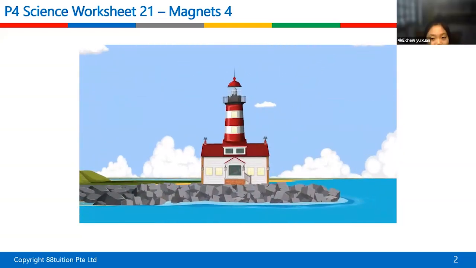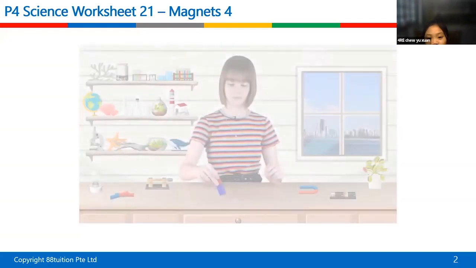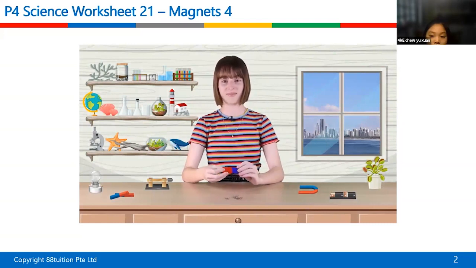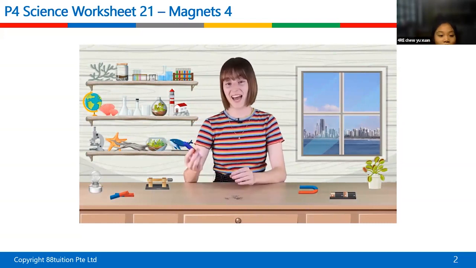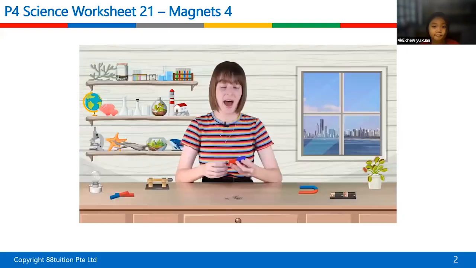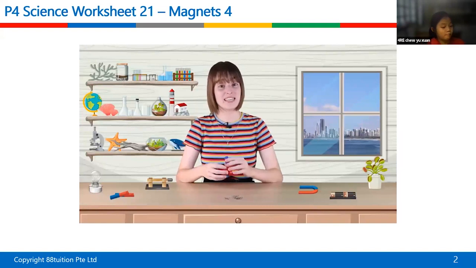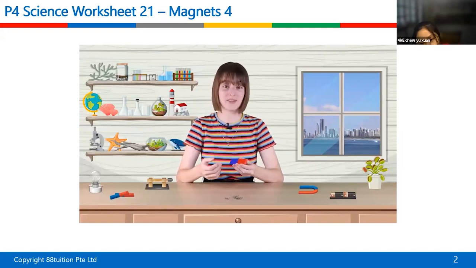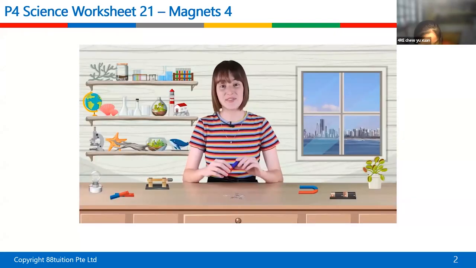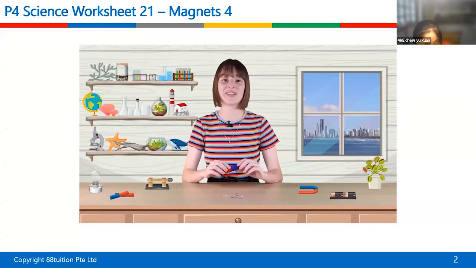The Lighthouse Lab. Oh, hey there. Have you seen one of these before? It's called a magnet and they're really fun to play with. A magnet is an object that can pull certain types of metal. It has magnetic force. Magnetic force is a non-contact force.